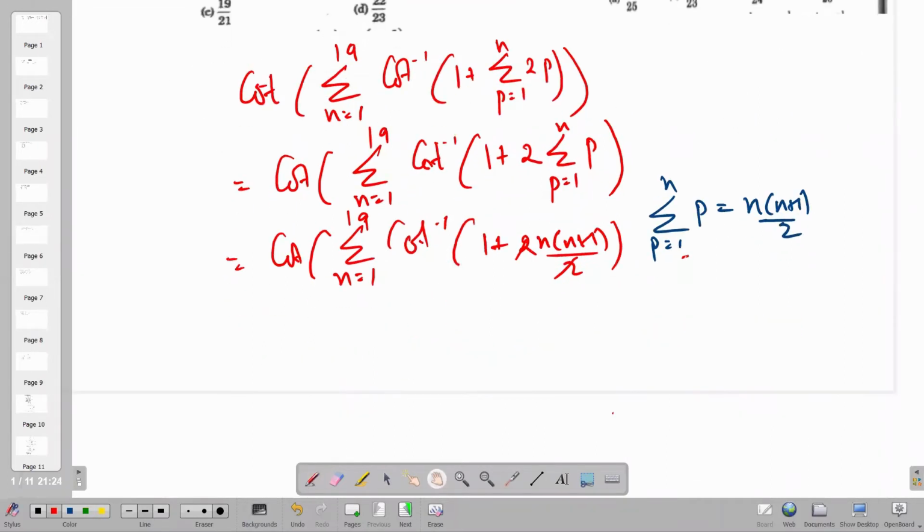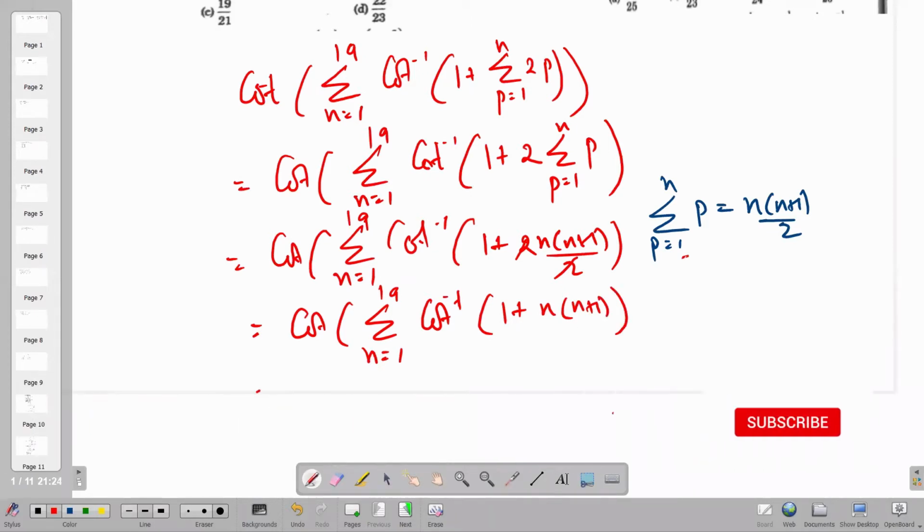So now this comes out to be cot of sigma n from 1 to 19, cot inverse of 1 plus n into n plus 1. Now further I can replace this cot by tan because it is easier to do it by the formula of tan.